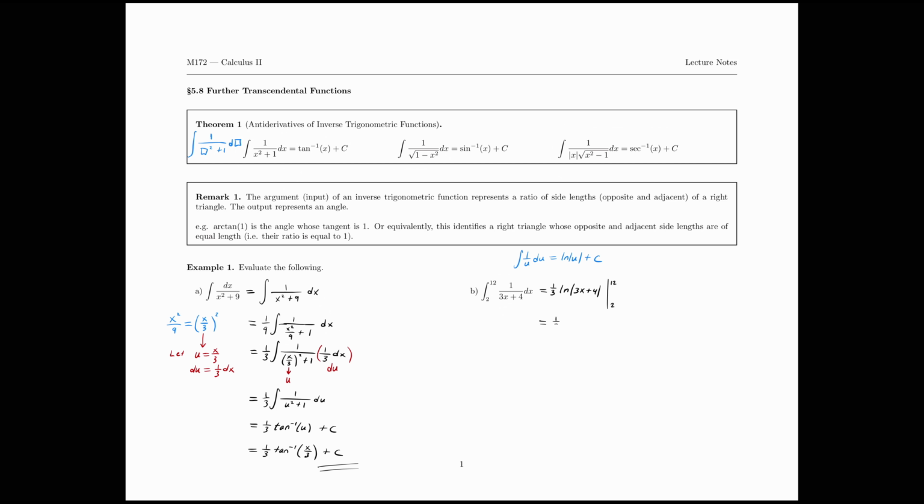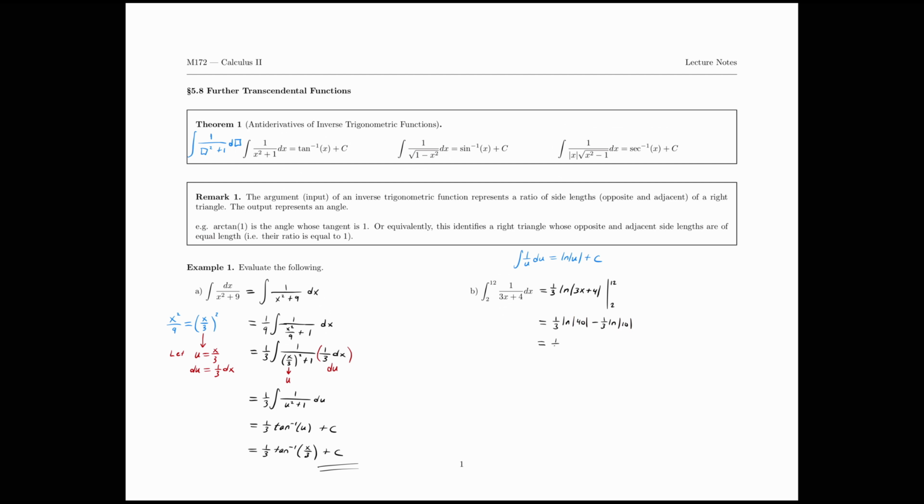So this is 1/3 natural log, 12 times 3 is 36, 36 plus 4 is 40, minus 1/3 natural log of 6 plus 4, which is 10. Now each of 40 and 10 are positive, so these absolute value bars are not really necessary at all, so we can drop them at this point if we'd like.